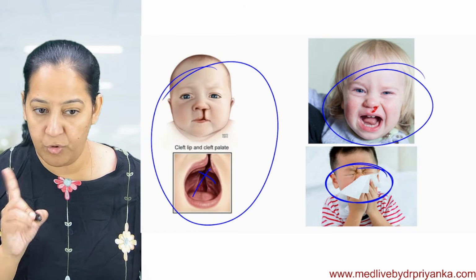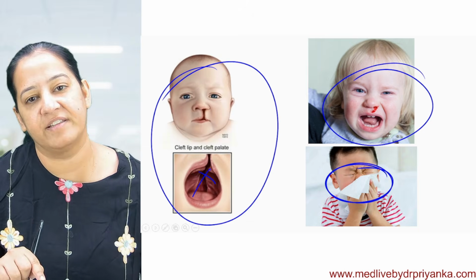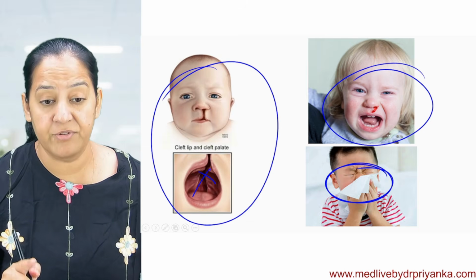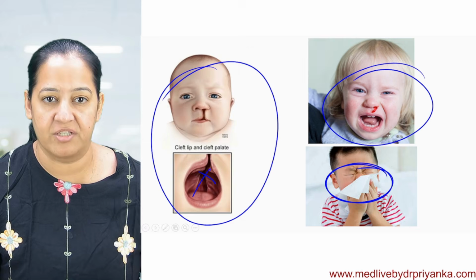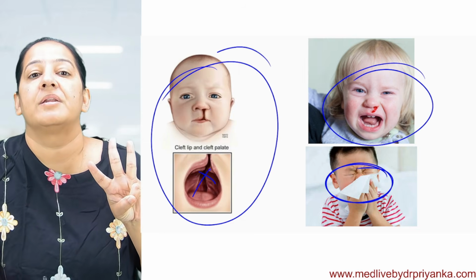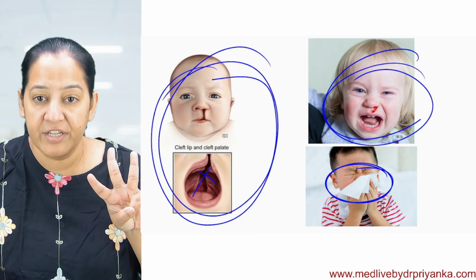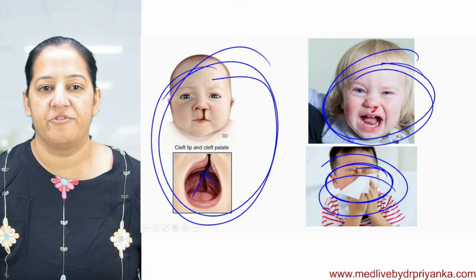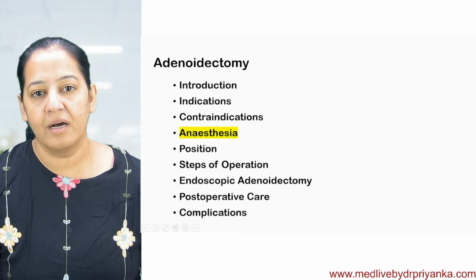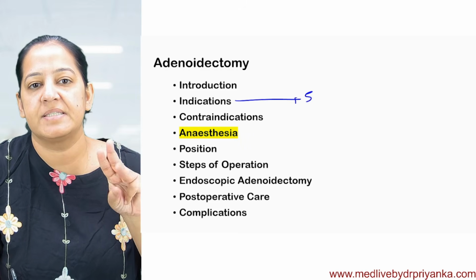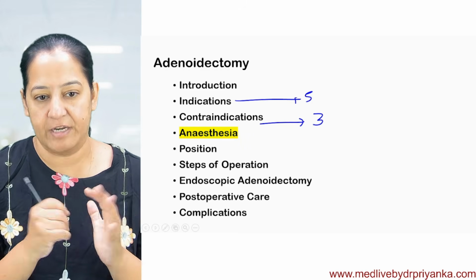At the time of infection, don't plan the surgery, as there are high chances of bleeding if the child has a pre-existing infection. So these are the 3 contraindications: cleft palate, hemorrhagic diathesis, and acute upper respiratory tract infection. So learn the 5 indications and 3 contraindications of adenoidectomy.